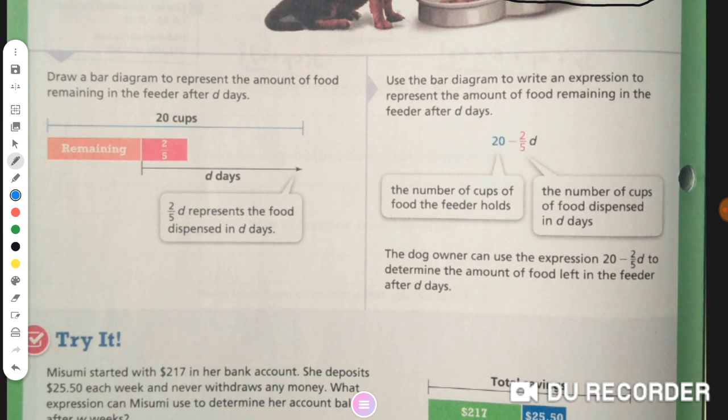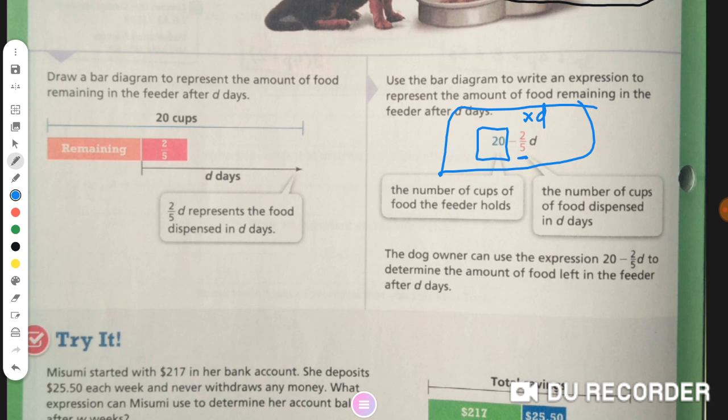The fixed number is 20 cups minus the amount which will dispense each day, which is 2 over 5 per day. So each day means multiply by D. So 20 minus 2 over 5 D is a mathematical expression. 20 is the number of cups of food the feeder holds. 2 over 5 D is the number of cups of food dispensed in D days.